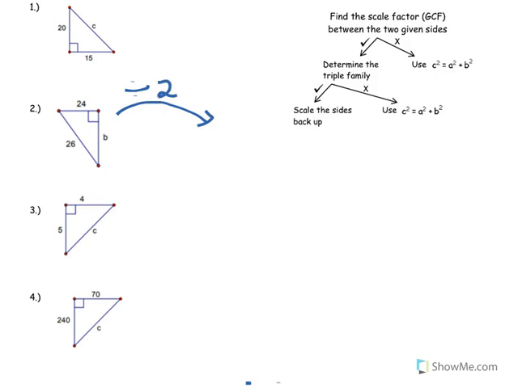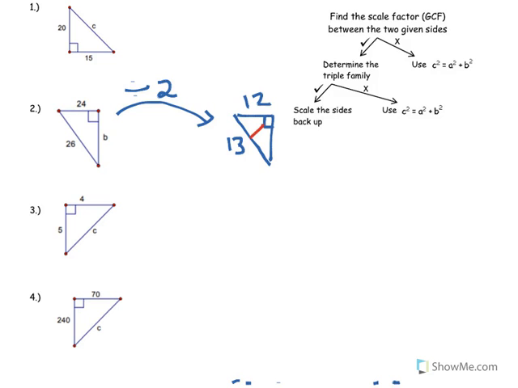They're both even, so 2 should go into both of those. And remember, let's draw the triangle exactly how I see it. This time the triangle is flipped upside down. So 24 divided by 2 is 12, and that's going to go up here. And 26 divided by 2 is 13, and that's going to go right here.